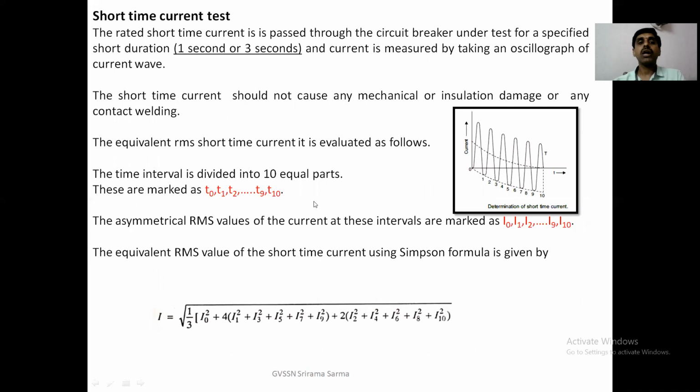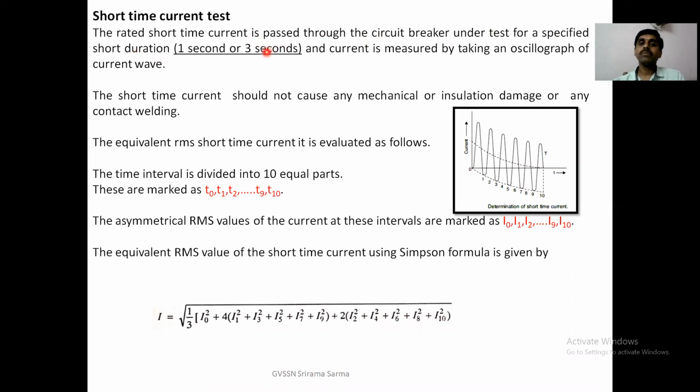Next, the short time current test. The short time current is passed through the circuit breaker under test for a specified short duration, 1 second or 3 seconds. Already we discussed that if the symmetrical breaking current to rated normal current ratio is less than or equal to 40, then the time allowed is 3 seconds.